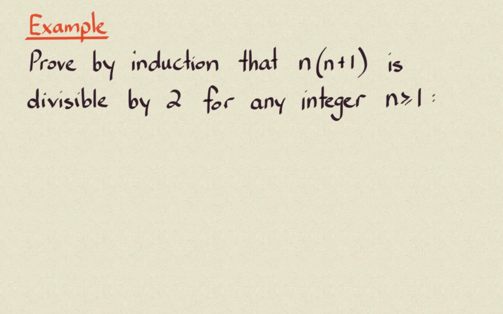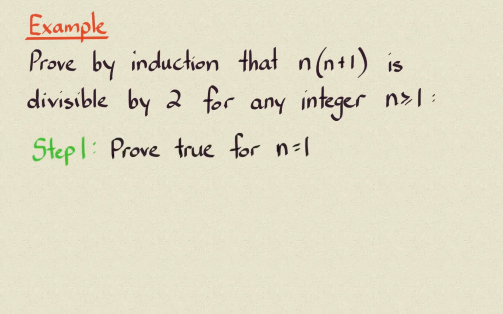Prove by induction that n times n plus 1 is divisible by 2 for any integer n greater than or equal to 1. Alright, step 1. Prove true for n equals 1.